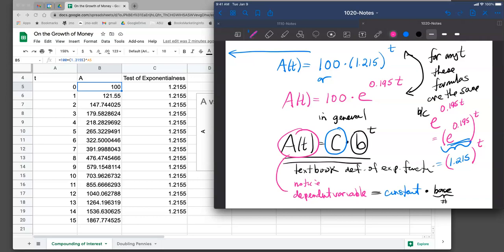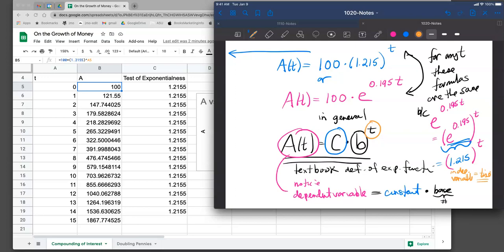And then it is raised to a variable, called the independent variable, and let's think of that as the time variable. So this is the form that the exponential function is taking on.